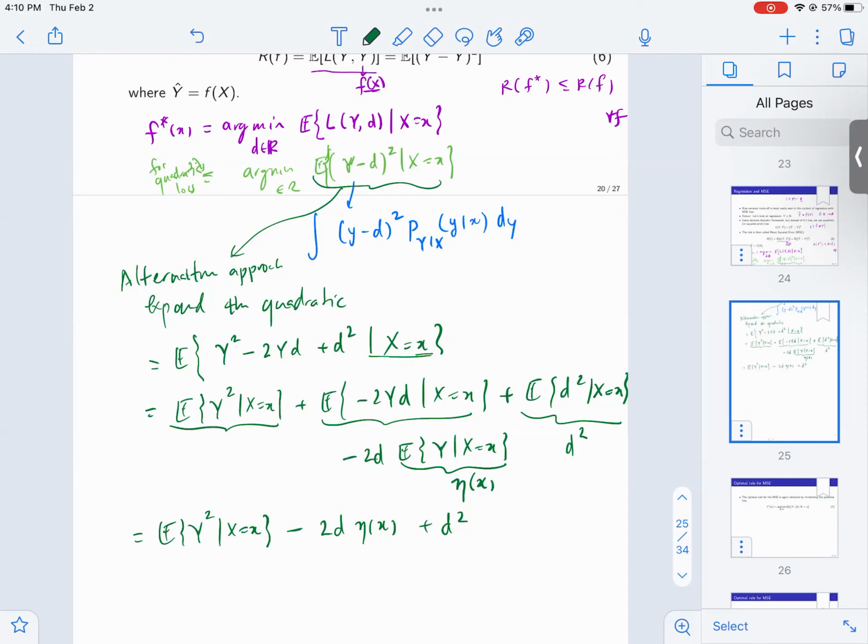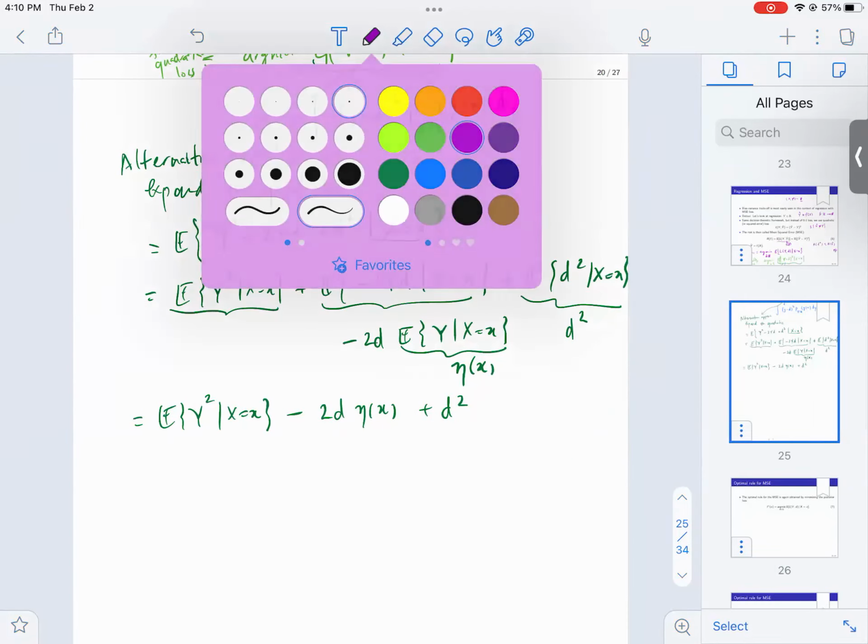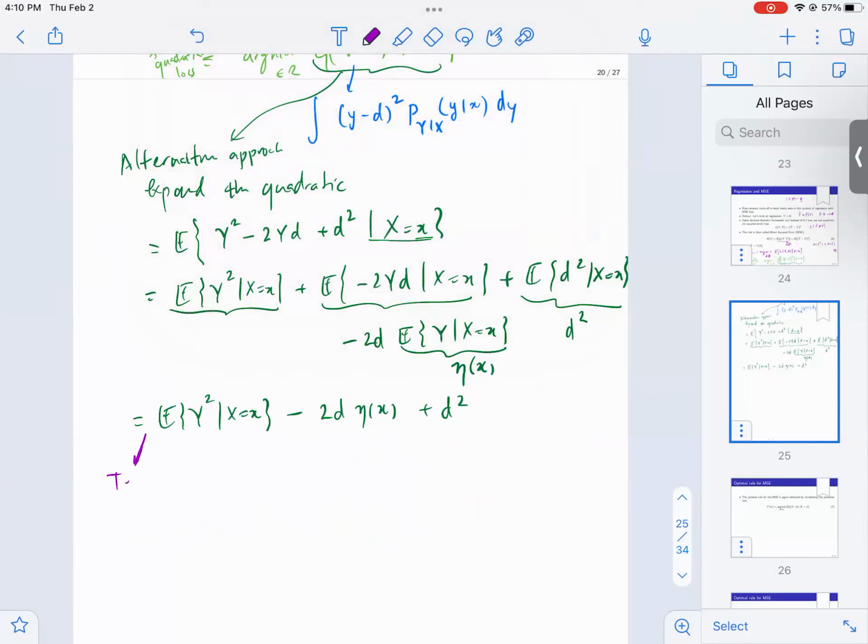And I want to minimize this over d, if you remember. So how do you minimize this function over d? What is the minimum? Take the derivative, yes. The usual easy way, if you can, is to take the derivative with respect to d.